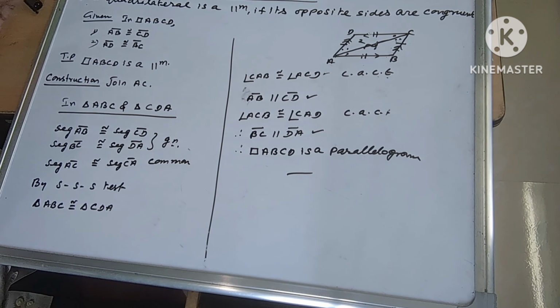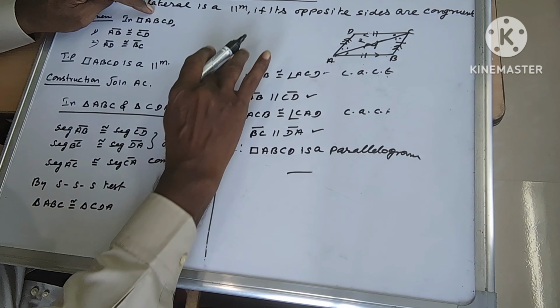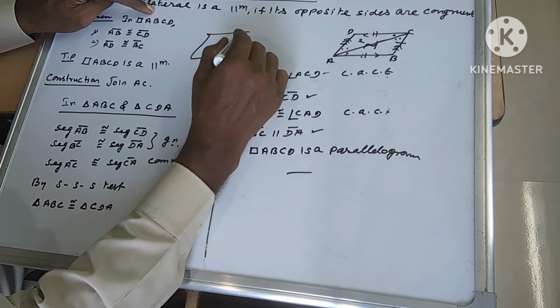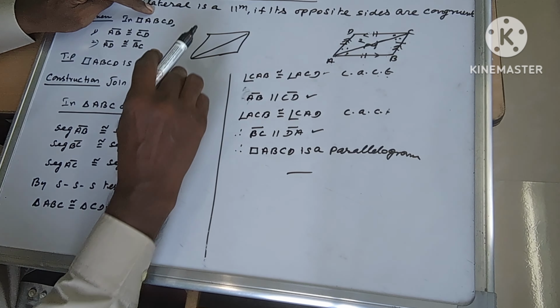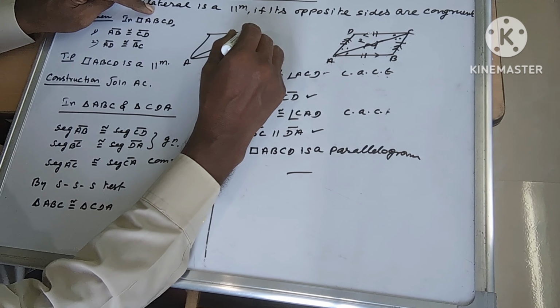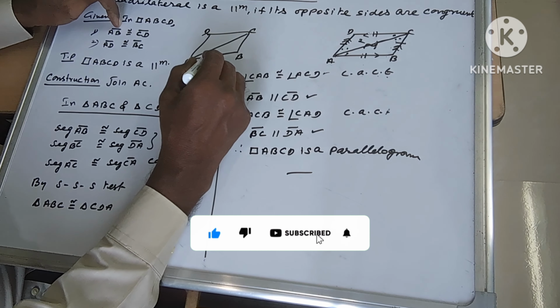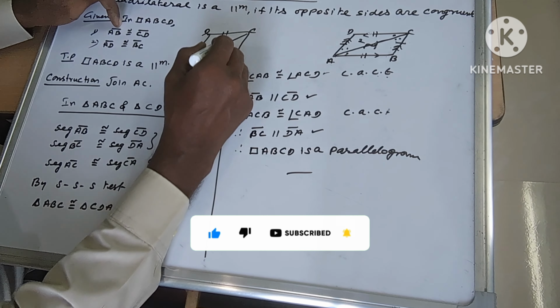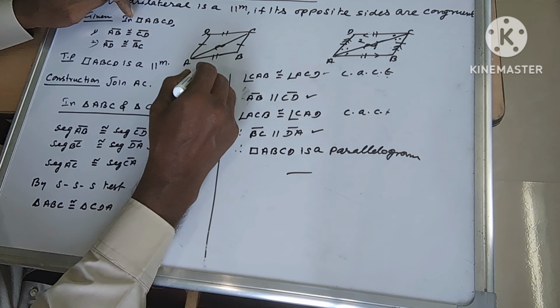Yes, the proof is simple. Here one quadrilateral is given, and we join the opposite vertices A and C. Now we have two triangles. These sides are congruent, and AC is self-congruent. Therefore by the SSS test, these two triangles are congruent.